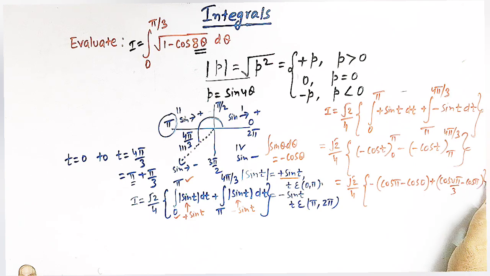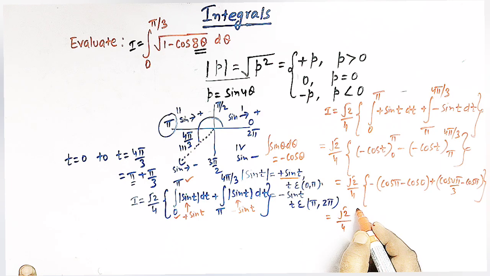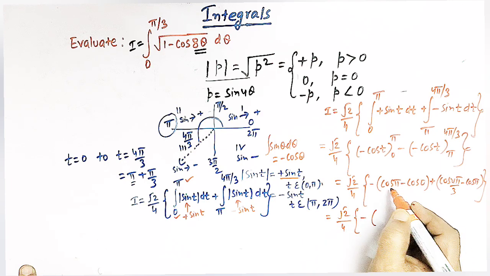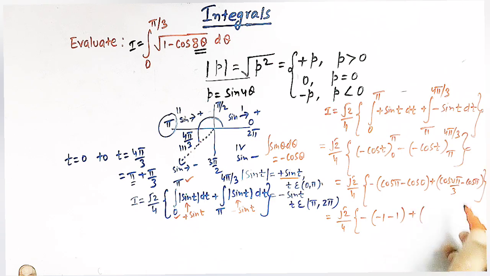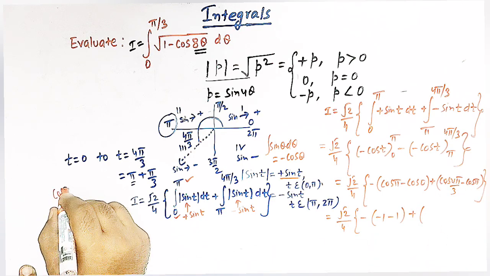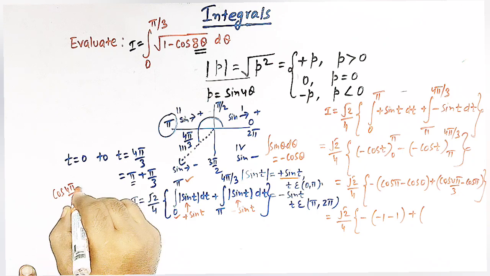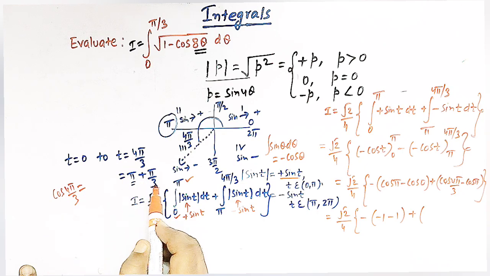and now we can write square root of 2 over 4, and here cos pi is minus 1, cos 0 is 1, so we have minus 1 minus 1, and cos 4 pi by 3 can be easily calculated by splitting 4 pi by 3 as pi plus pi by 3.